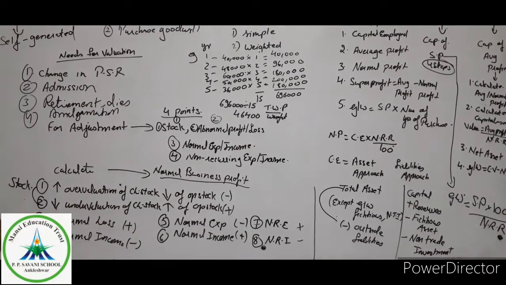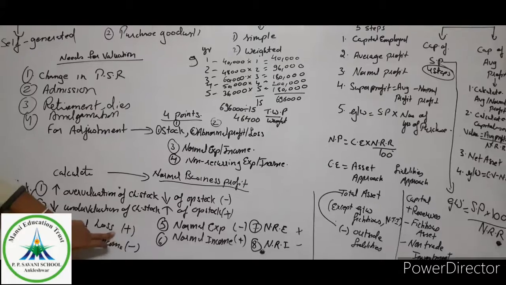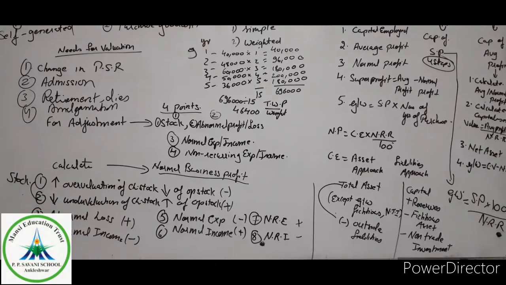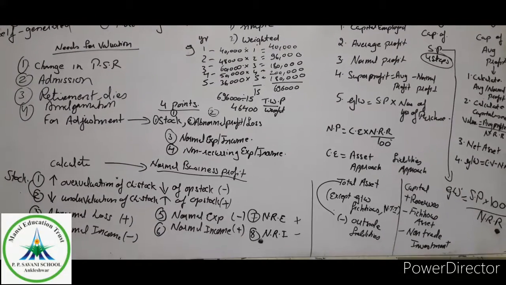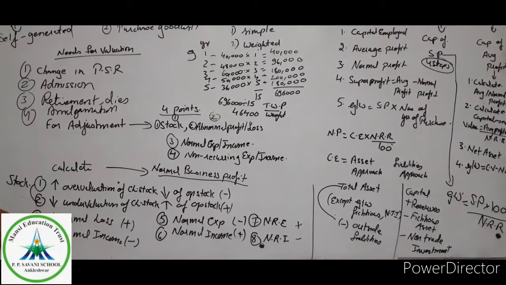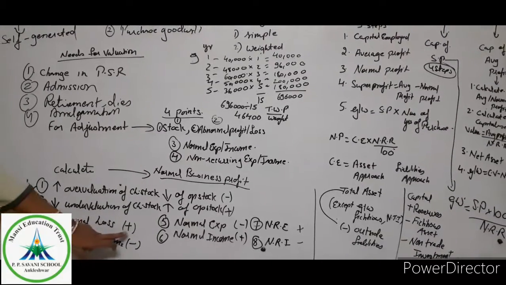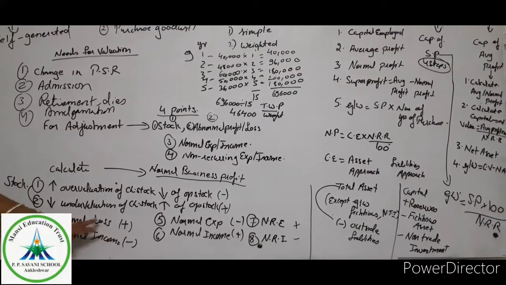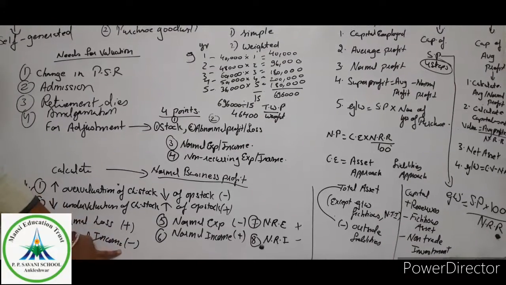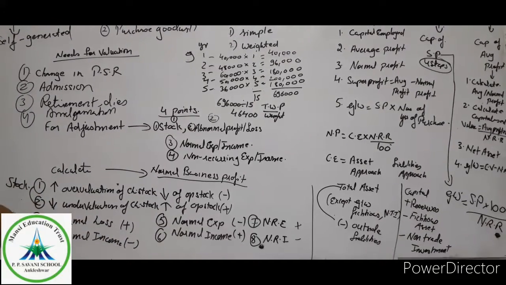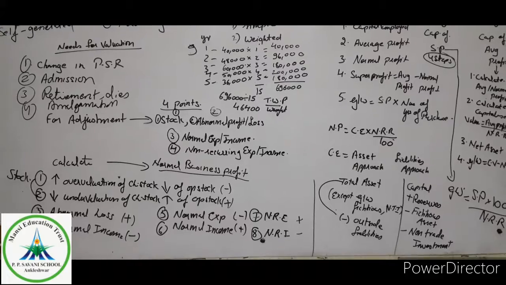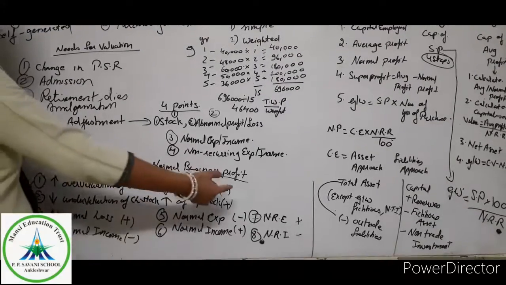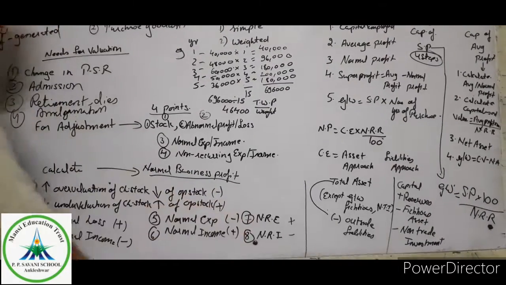Now moving on to the third one, abnormal losses. Any abnormal losses, like loss on sale of fixed assets and all that, will be added. Abnormal income will be deducted. Whatever effect you apply for abnormal losses and abnormal income will be the same for these two also.